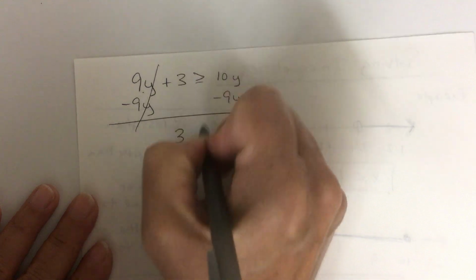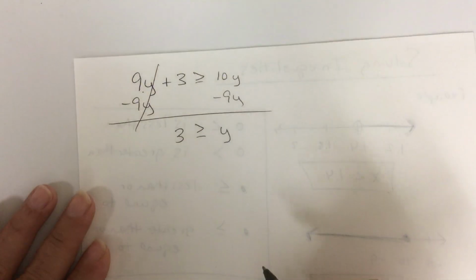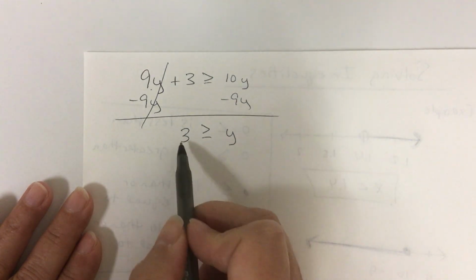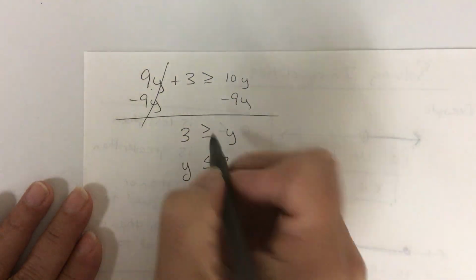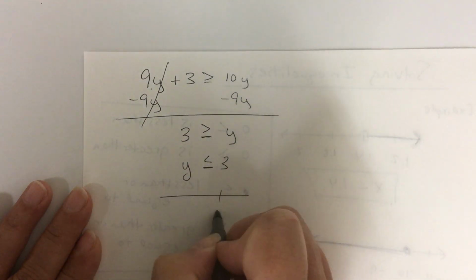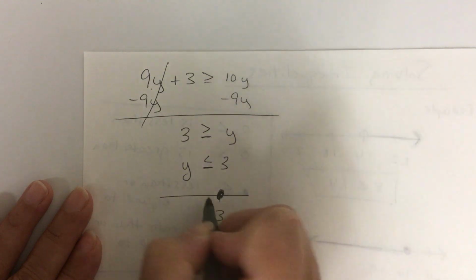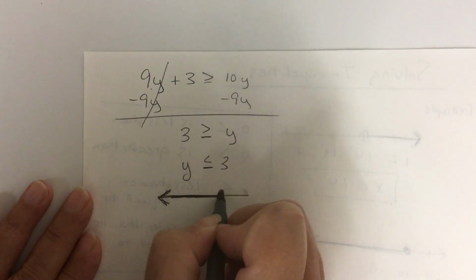Bring down the 3. Bring down the sign. 10y minus 9y is 1y. I like to turn that around. 3 is bigger than y. Then y is smaller than 3. Make sure you keep your equal to sign. Then if you're going to graph that, that would be a closed dot shaded to the left.